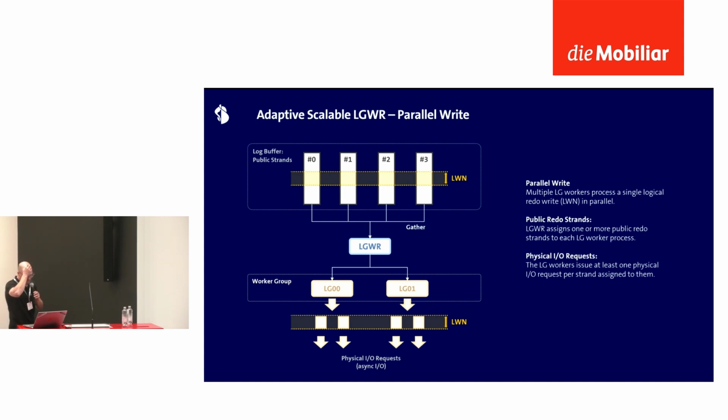So this is again showing the write mechanics, but this time including the redo log buffer and the public redo strands, because they play a central role in how log writer works. When log writer does a write, it has before the write the phase called the gathering, and gathering is basically just collecting. So it goes to the redo log buffer, checks how much data is in every strand, packs that into one kind of logical unit, which is called the LWN.